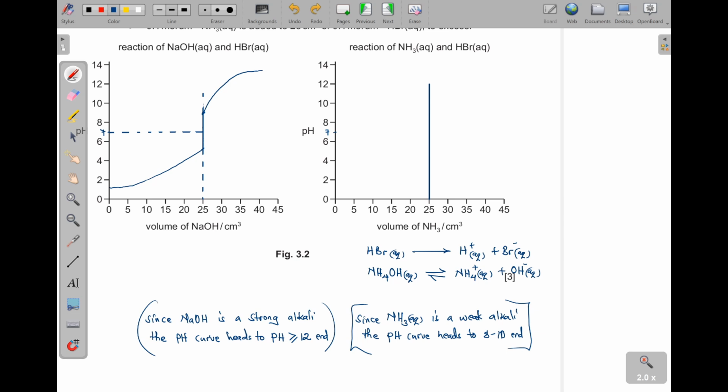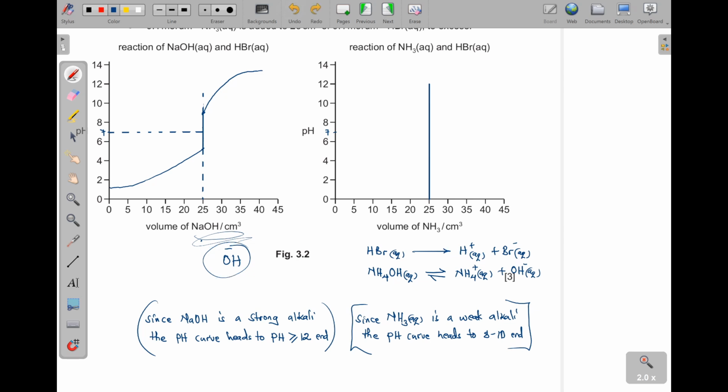Do you get what I'm saying? But then here, for this one, as you are adding, the hydrogen ions are taken away by the OH ions. So here there is a high concentration of sodium hydroxide, a high concentration of hydroxide ions, which will take out the hydrogen ions.